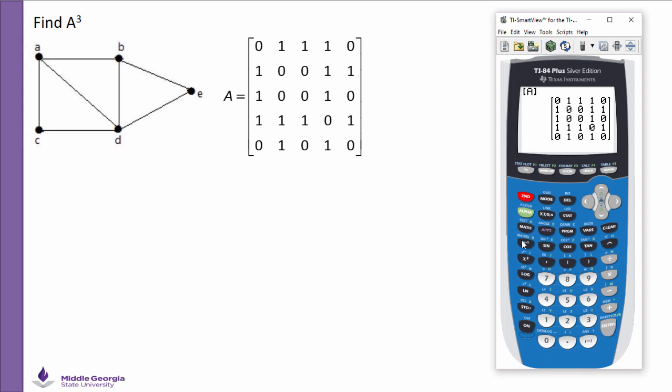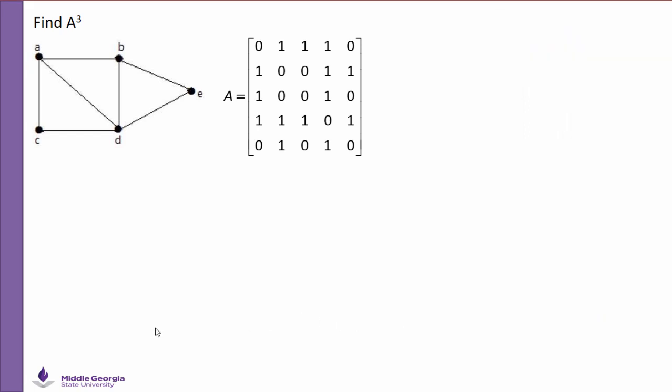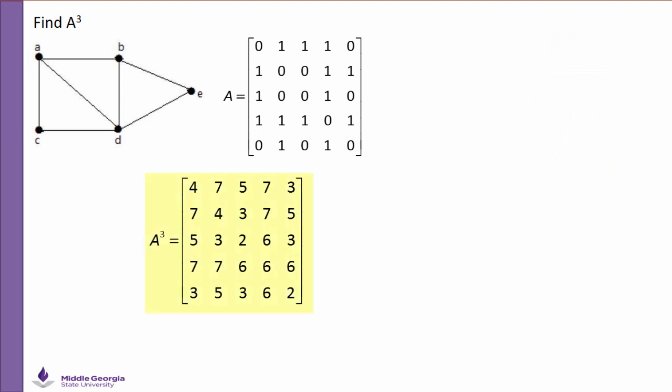So I do second matrix, I select A again, but this time I say raised to the third power, just like you would a number. This is defined in the calculator, and press enter. And there is the matrix A cubed. So I make an image of that on the slide, and there's our A cubed.